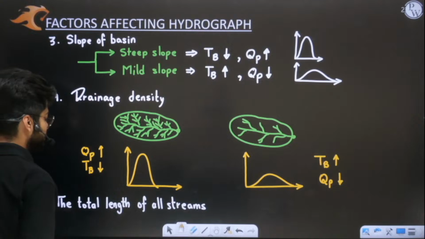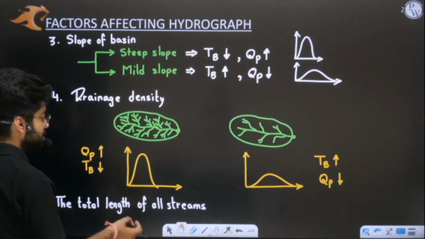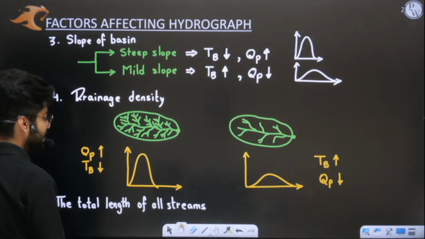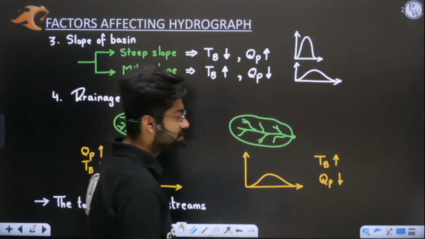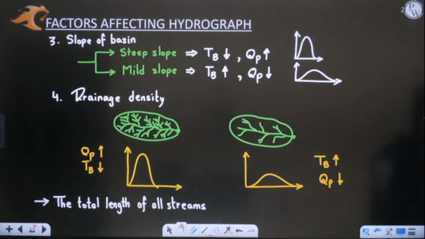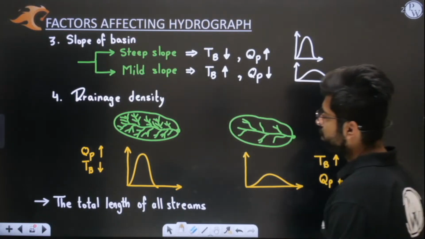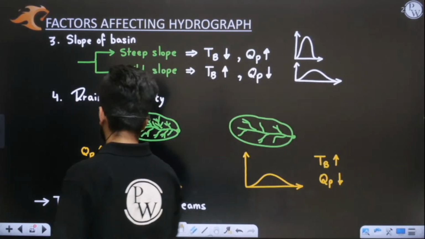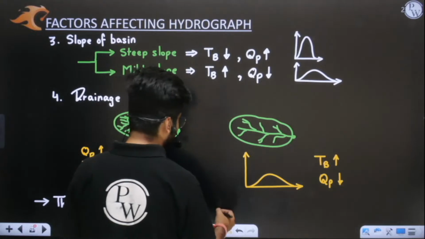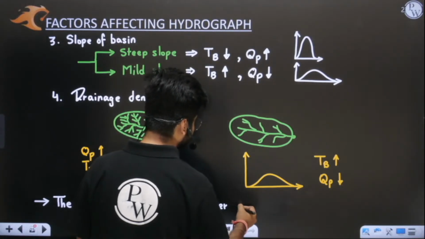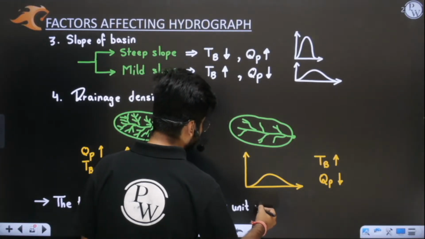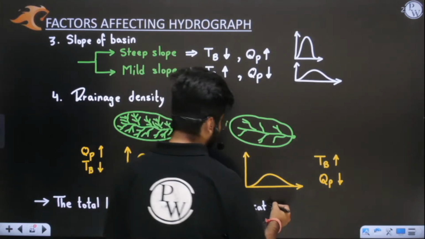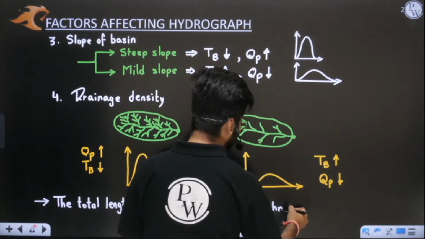That is drainage density. Density means the more the number of drains, the more the length of drains, the higher the drainage density. So the total length of all streams per unit catchment area.